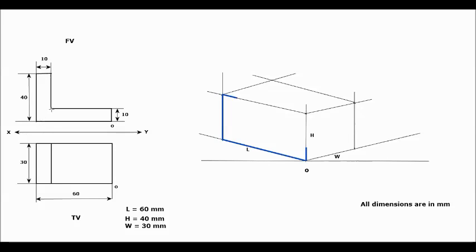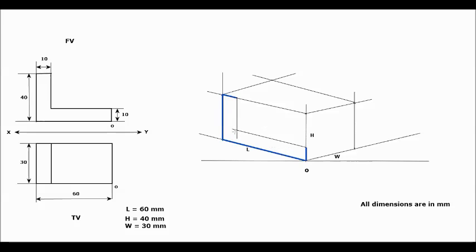Then for getting this corner point, you have to use the projection lines. So from the end point of this 10 mm horizontal and 10 mm vertical line, we have to draw a line parallel to isometric lines so that we will get that corner point. So from the horizontal 10 mm line, draw a line parallel to the vertical line, and from the vertical 10 mm line end point, you have to draw a line parallel to the 30-degree inclined line.